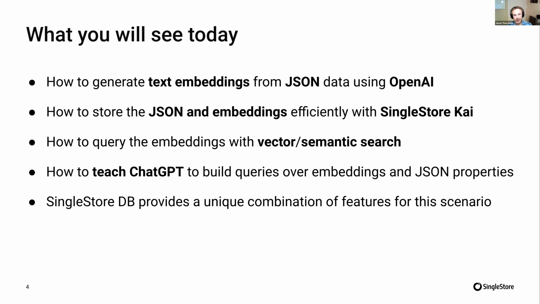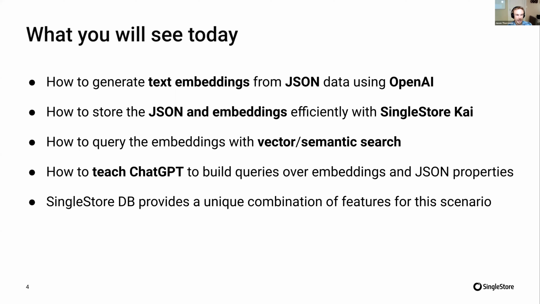How to query those embeddings with vector semantic search, which is really cool. You'll see that in a bit. And then finally, how to teach ChatGPT to build the queries for you using the embeddings and other fields in the JSON data, which is really, really cool. So we'll get to all this in a bit.